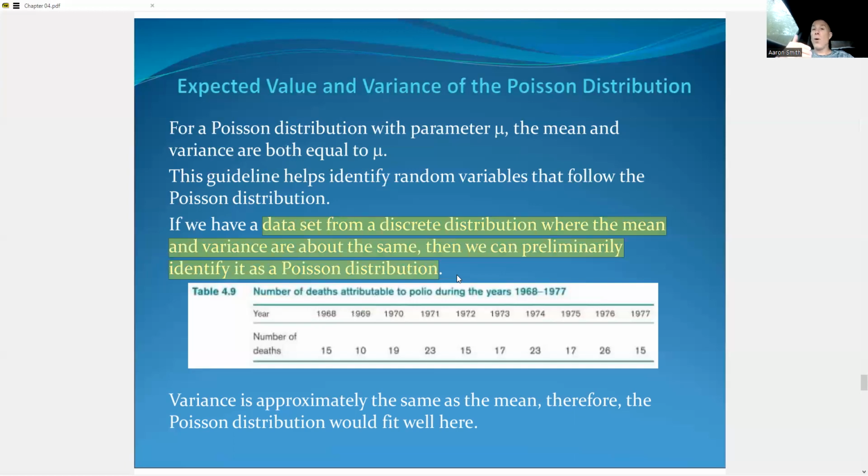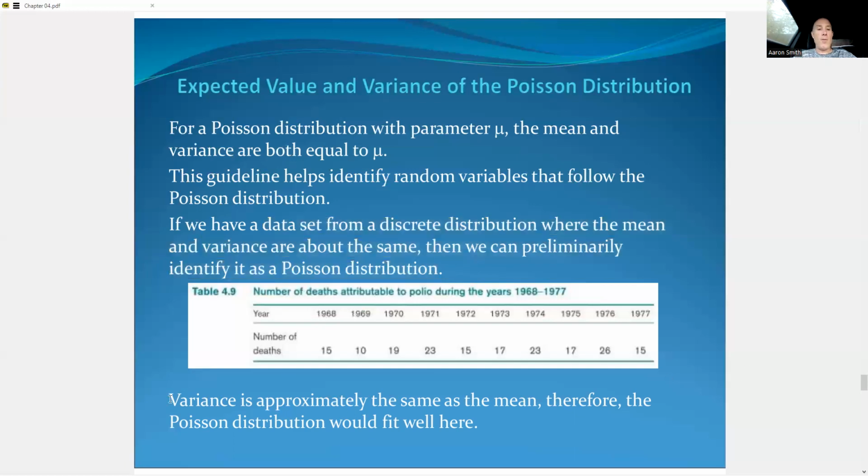Now, if that doesn't work out, frequently in biostatistics, if I see that the sample average is much less than the sample variance, then I'm going to be looking to the negative binomial distribution, which we're not going to cover here. But you can know it, and when it comes up, you can look it up.